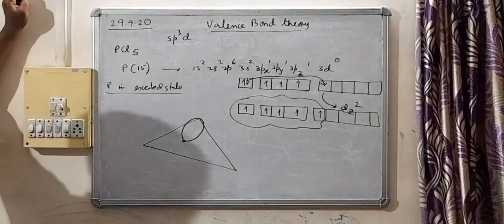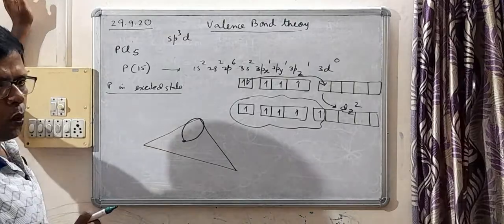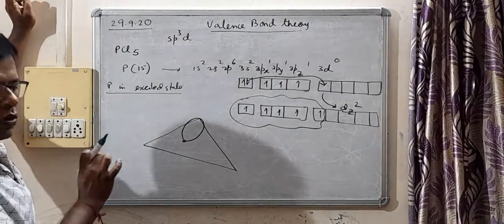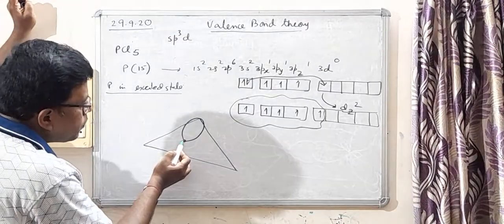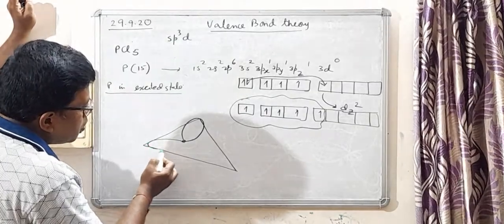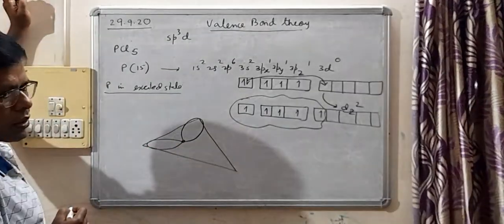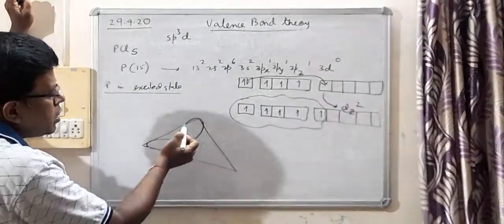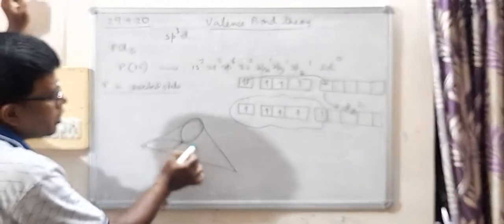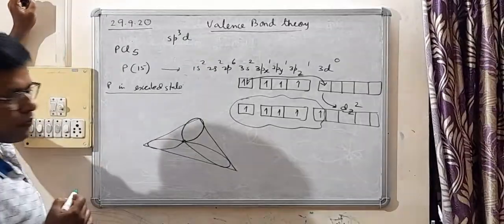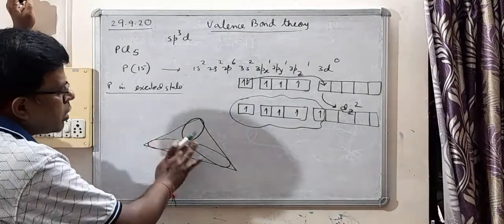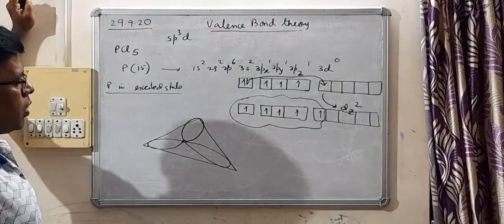Now for simplicity, I am not drawing the smaller lobe there. It is understood that the smaller lobe is there. So this is another hybrid. It will be sp3d. This is sp3d. This is also sp3d. So all these are lying on the plane of the triangle.